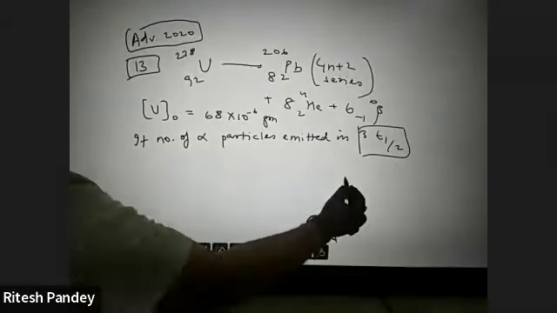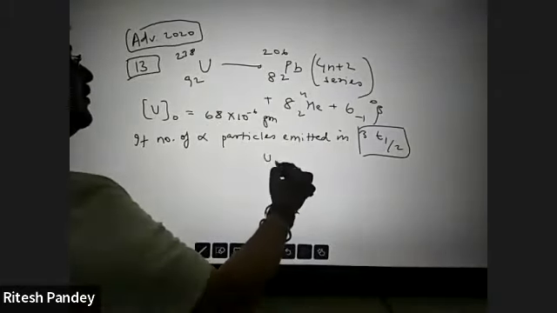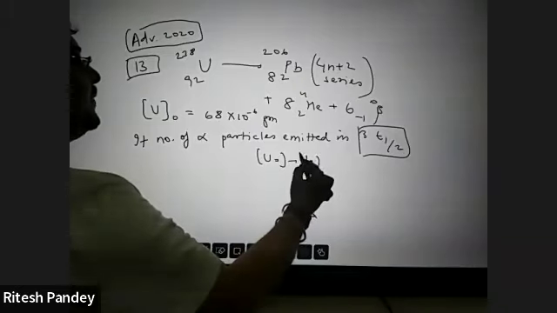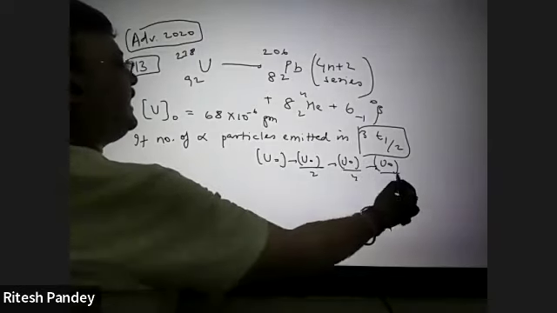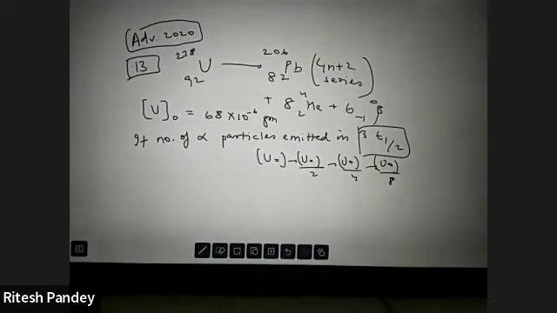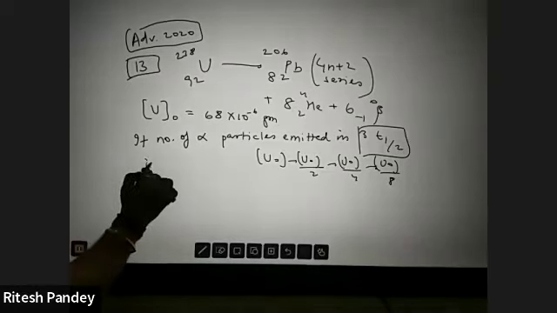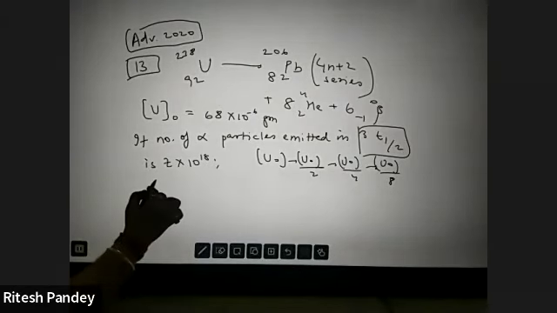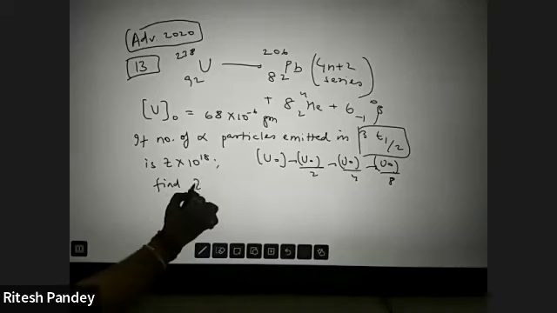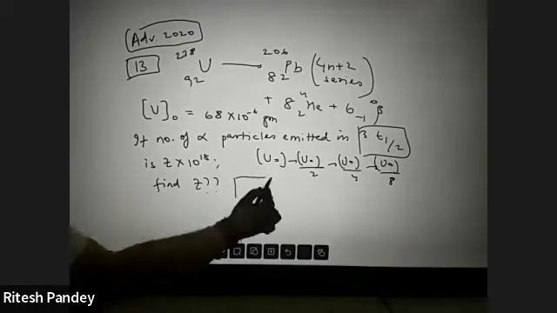This U naught would have become U naught by 2, then U naught by 4, and U naught by 8. So the number of moles left would be 1/8 and number of moles decayed would be 7/8. If the number of alpha particles emitted in 3 t half is Z into 10 to the power 18, find Z and get a number.